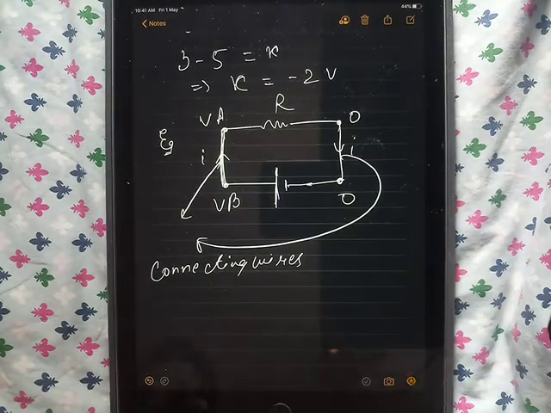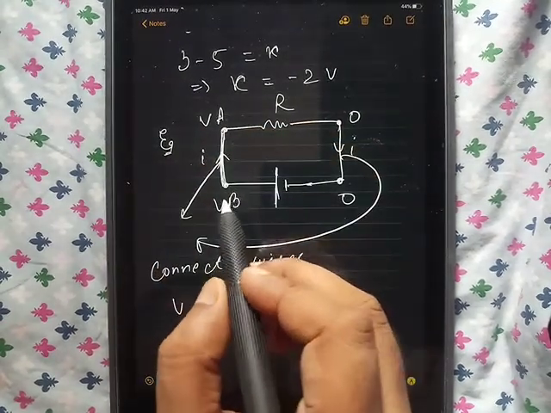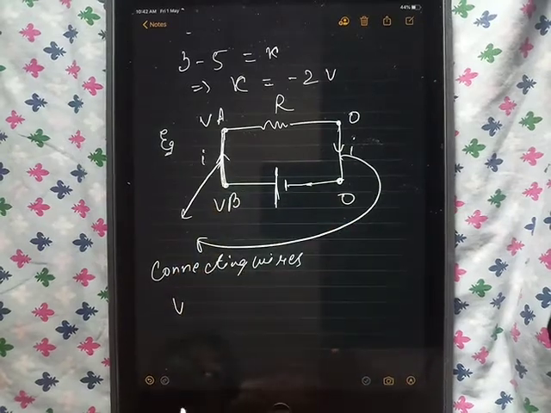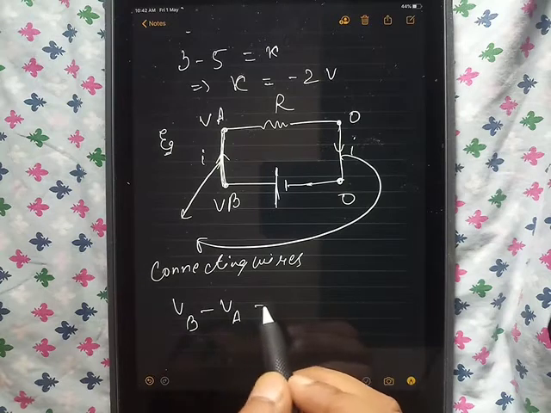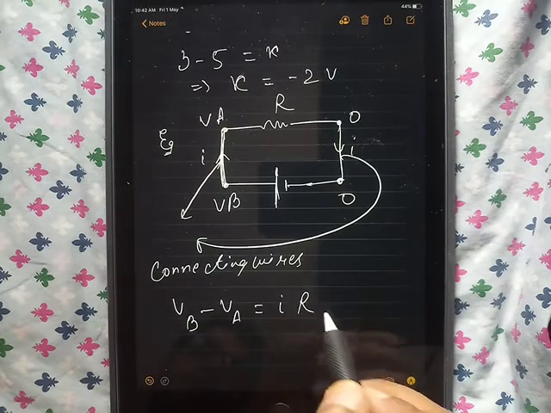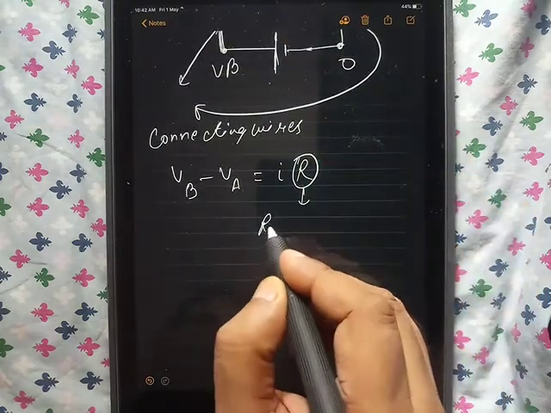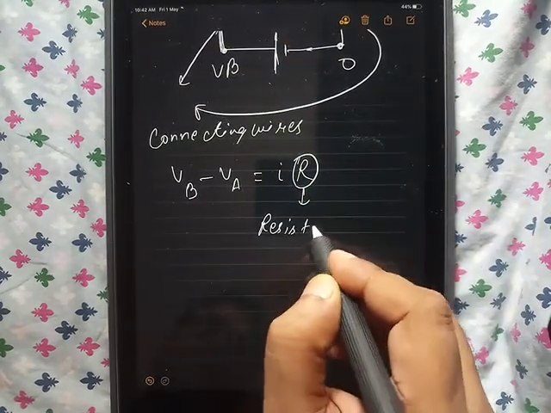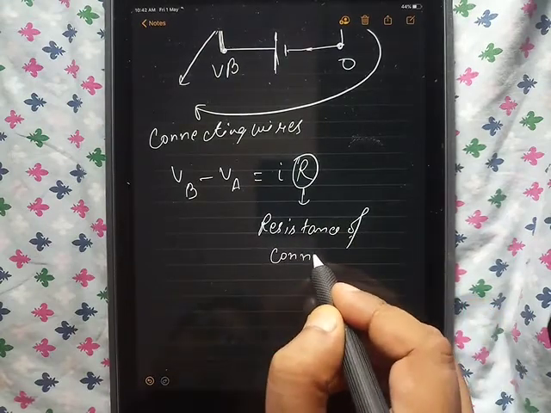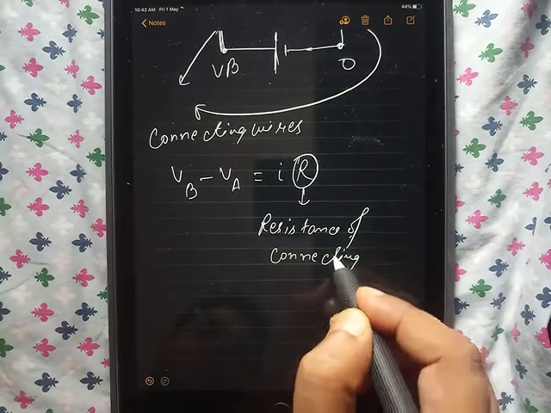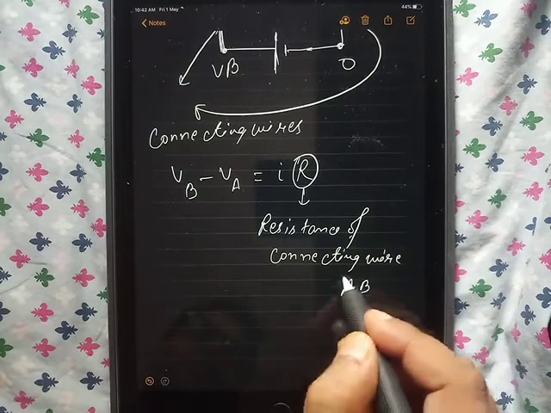We can understand this as, suppose this potential is VA, as current flows from B to A, so B will be at greater potential, VB minus VA equals IR, where R is the resistance of connecting wire AB.